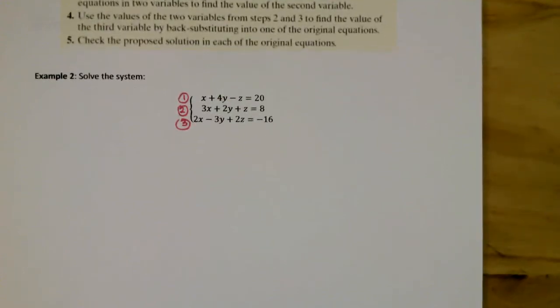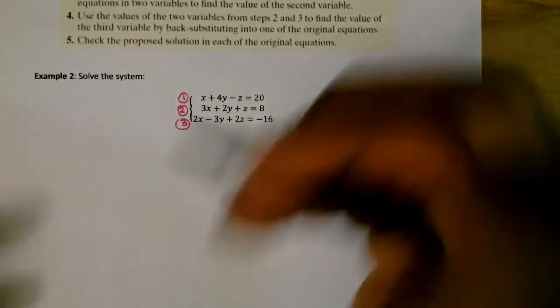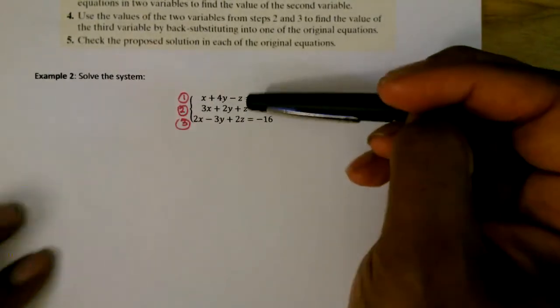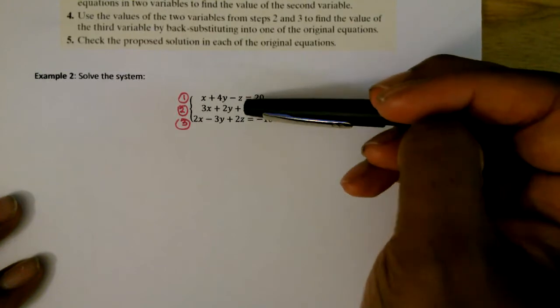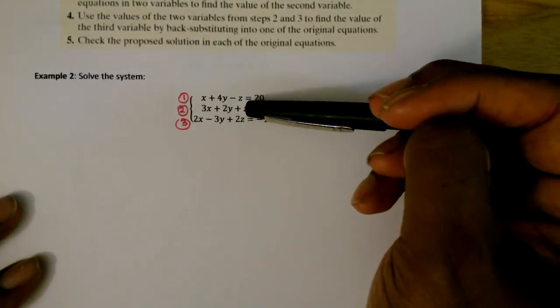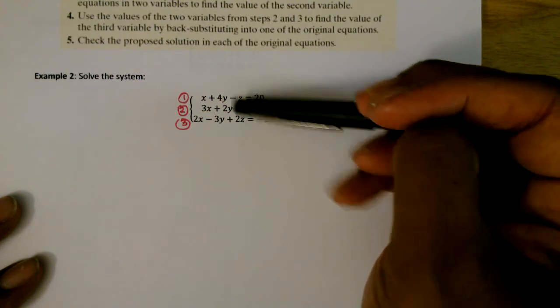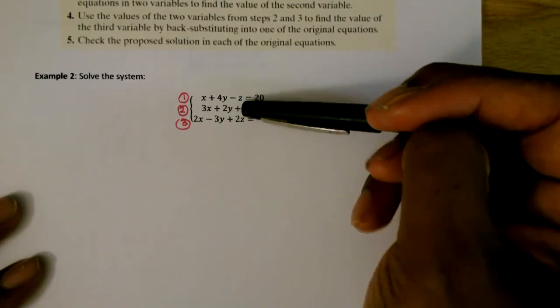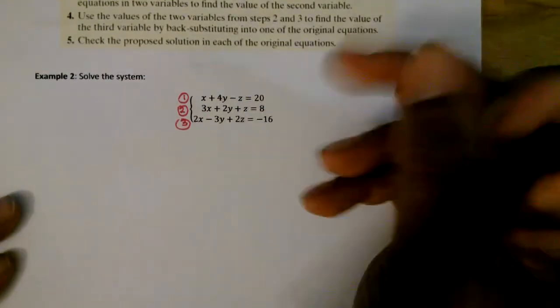So to begin with, just by looking at this system of equations, notice the first equation and the second equation. I have a minus z and a plus z. I can easily eliminate that. So I'm going to use equation 1 and equation 2 to eliminate the z here.